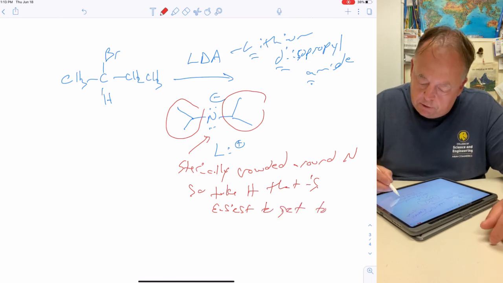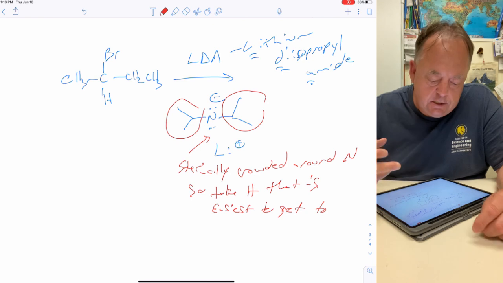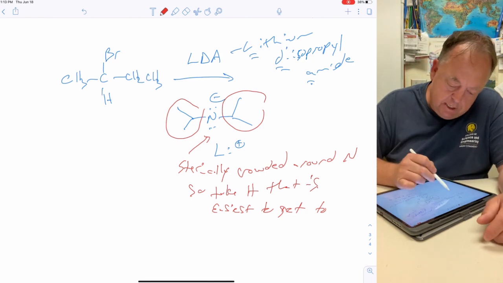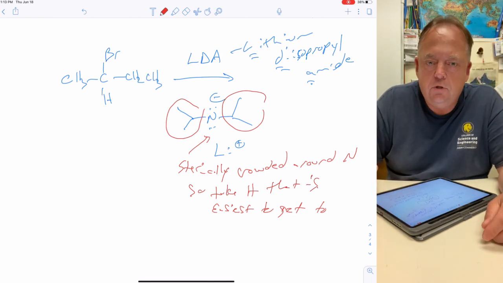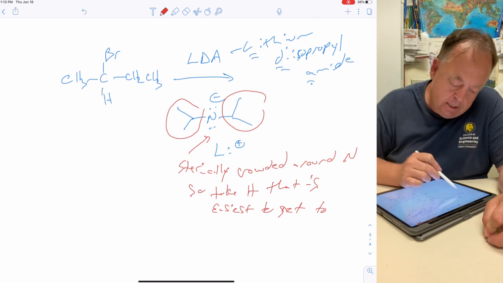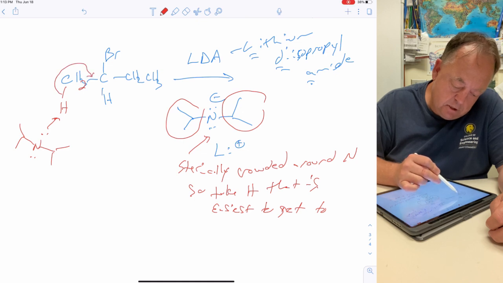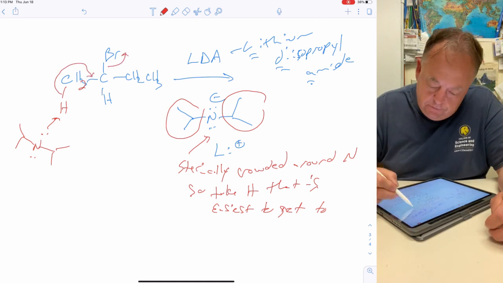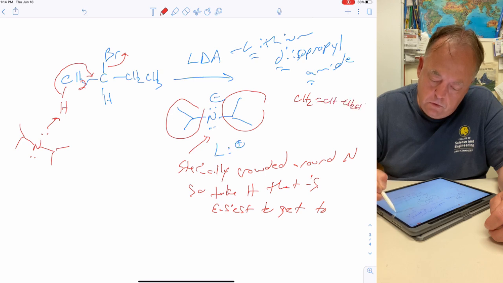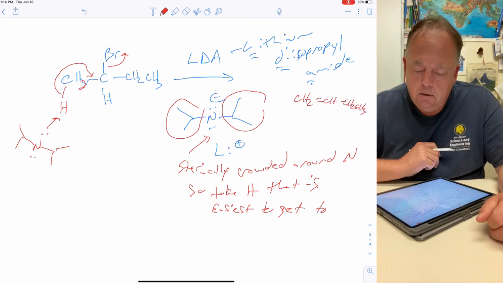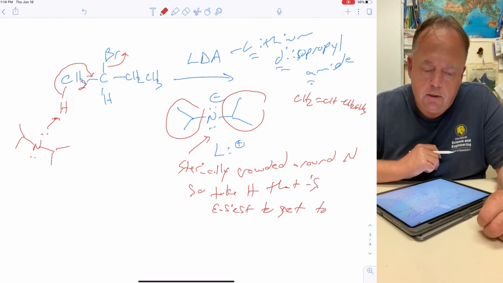So it's going to take the most accessible hydrogen, right? It's going to take the hydrogen that's easiest to get to, which again will be the one that's going to lead to the least substituted alkene. So it's going to take one of these hydrogens. And the electrons in the CH bond become a double bond, and the bromine leaves, and you make the least substituted alkene as the major product.